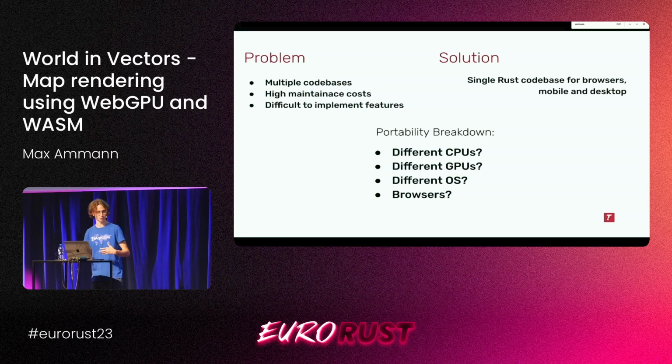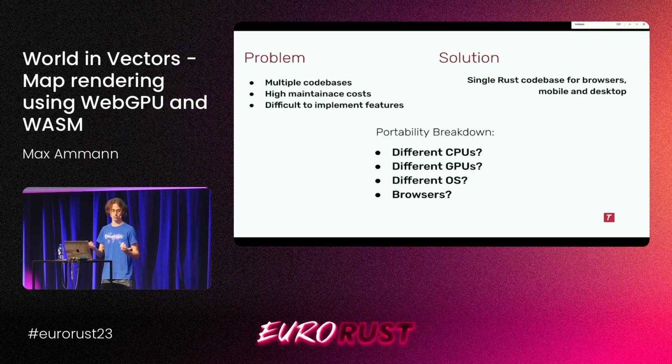So let's recap. The problem is you have multiple code bases, you maybe have high maintenance cost, and implementing features is very tedious. Especially in an open source project like MapLibre, implementing a new feature for a TypeScript code base and a C++ code base is close to impossible in my opinion, because it's so expensive and you have different people, and usually TypeScript programmers are not that fluent in C++ or the other way around.